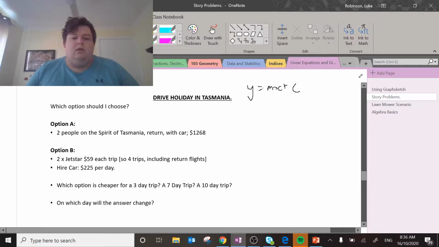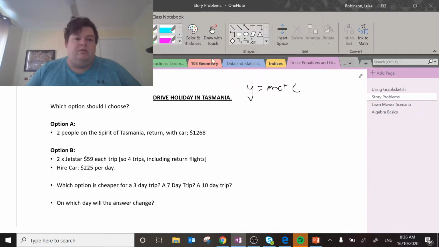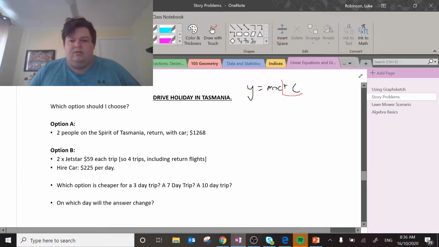Now, what we need to figure out in this equation is the plus c. Let me change color so it stands out a bit more. The plus c generally refers to something called a constant.